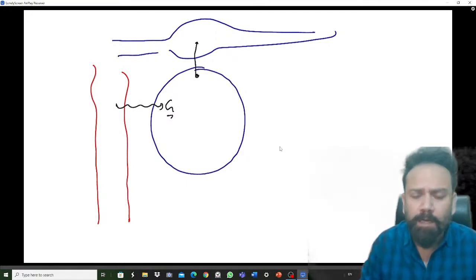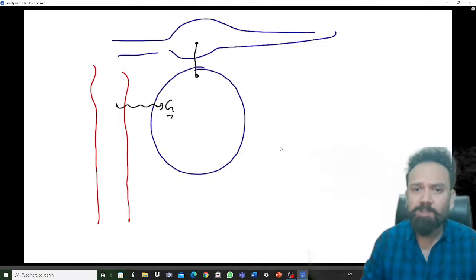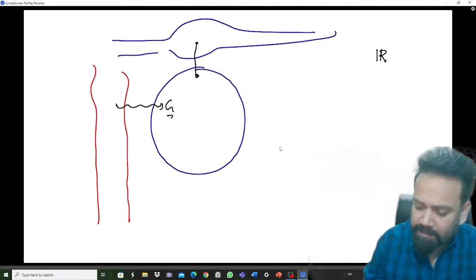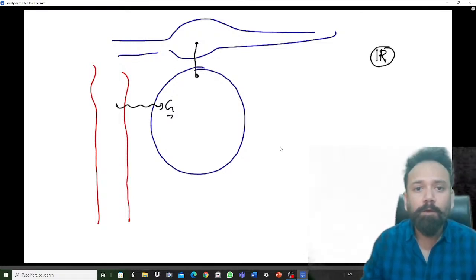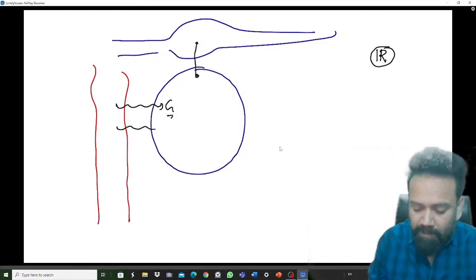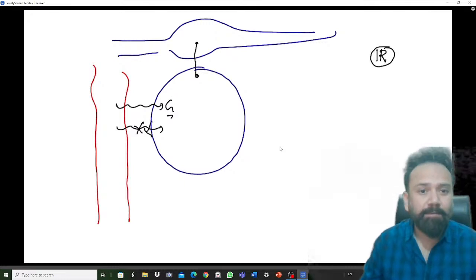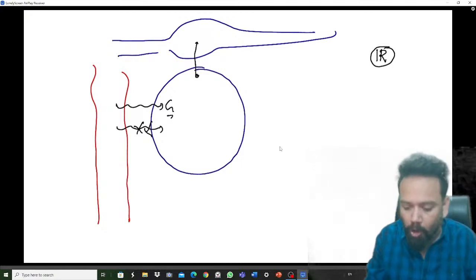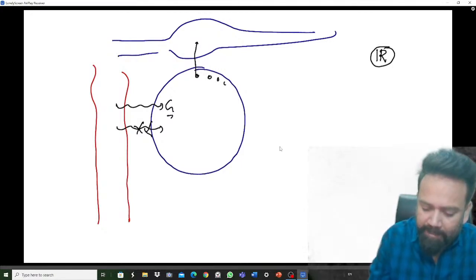But suppose some girl has visceral obesity and insulin resistance. In that condition, this entry will not be perfect. So these ova will not get enough energy to jump, and all the ova will remain arranged inside the ovary.